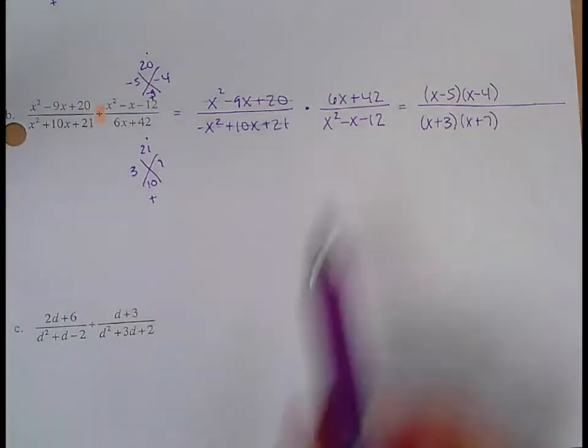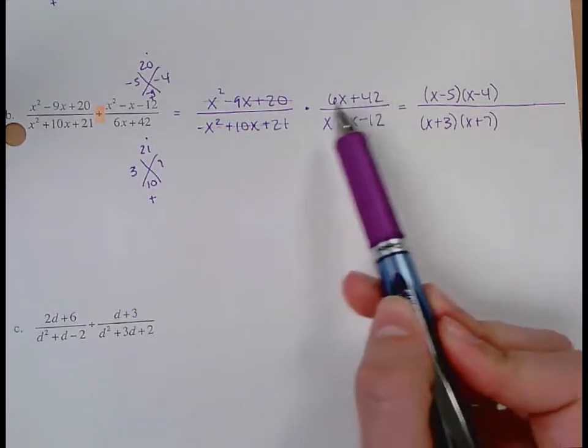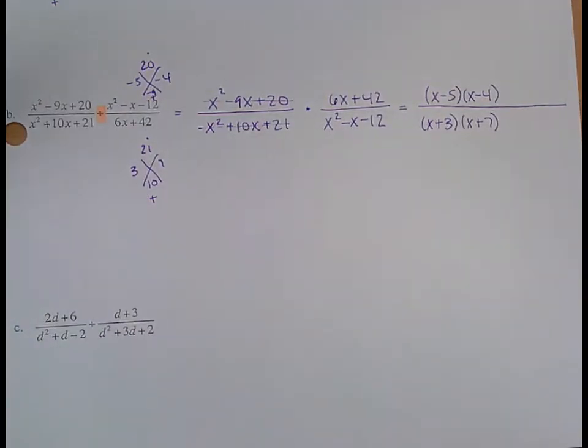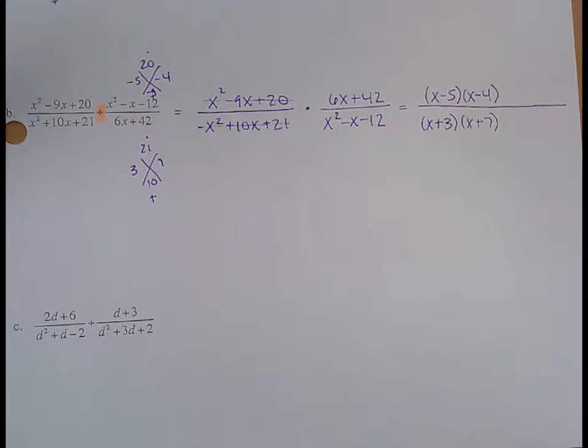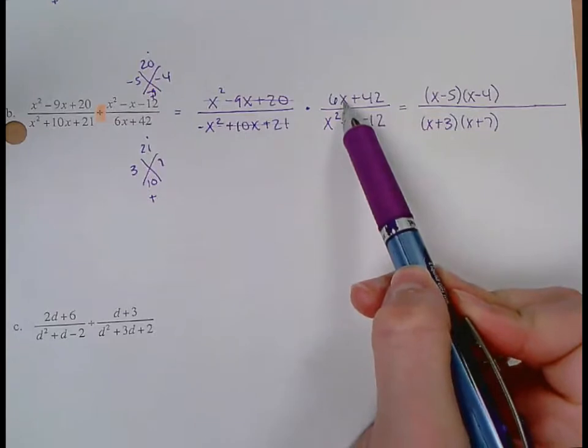I'm done there. In the second fraction on the top, I have 6x plus 42. How do you factor that? It's not a trinomial. Well, it's not a difference of squares because we don't have an x squared.